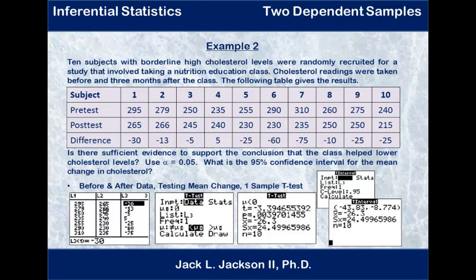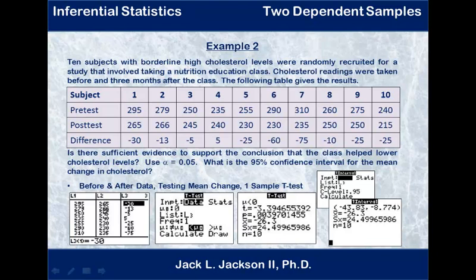It also comes back with x bar, negative 26.3, so that's the average of all these differences. If I typed in all these differences and just averaged those, that would be the x bar. And the sample standard deviation of those differences is about 24.5. And the n is 10, so there are 10 data values.